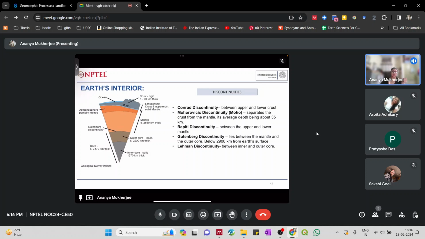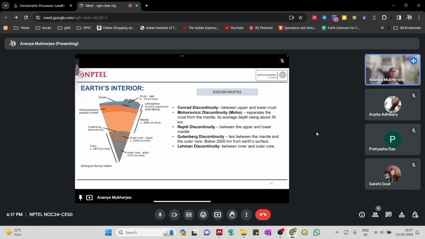So it can be between two major layers also. Okay, so between two major layers you can have a discontinuity, and a discontinuity can also occur within one layer itself, like where we have inner core and outer core. Okay, so there are different kinds of discontinuities. So the first discontinuity is the Conrad discontinuity, and it actually occurs between the upper and lower crust.